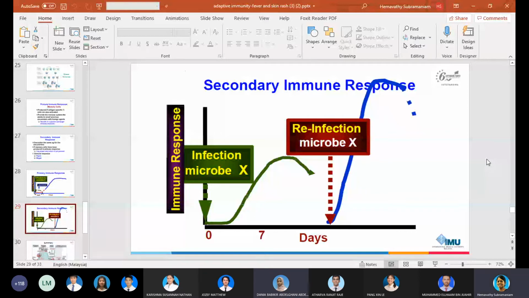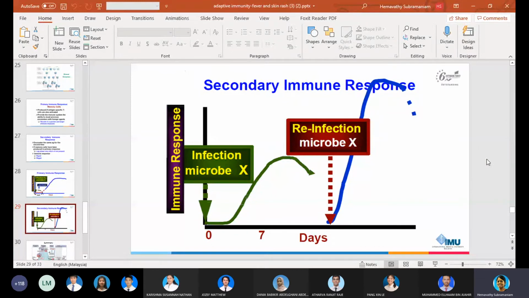Only reinfection. All right. Generally, memory cells do not take part in the current eradication of pathogen. They are more efficient and effective for reinfection.